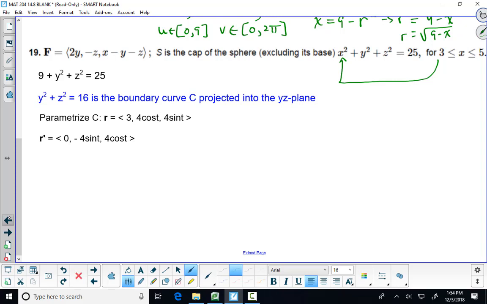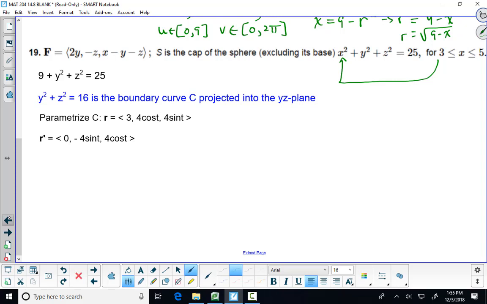Okay, so another way to think of it is that you could think of this as a cylinder. There's no x in this, so it's like a cylinder pulling out in the x direction, and then it will intersect the sphere, and we're going to create that spherical cap. So y squared plus z squared is the boundary curve C projected into the yz plane.